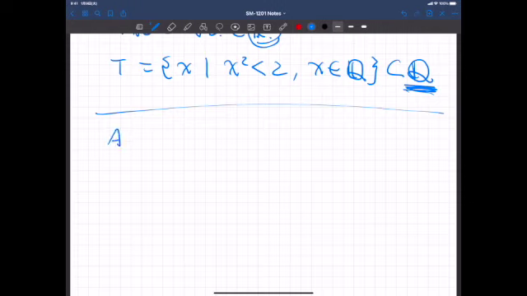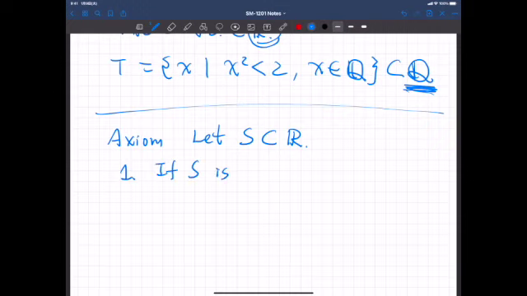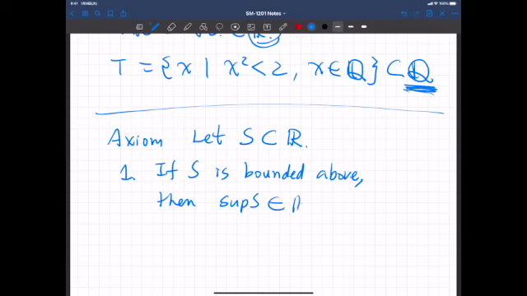So here's the axiom. Let S be any subset of real numbers. First, if S is bounded above, then supremum of S is a real number.